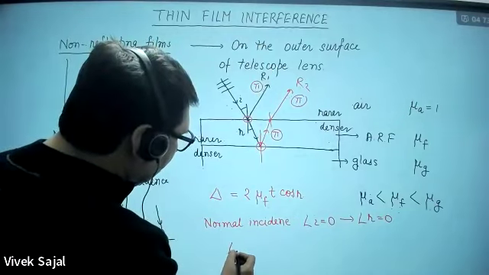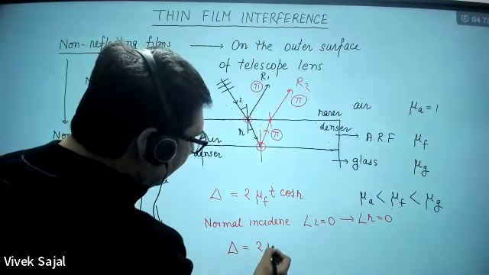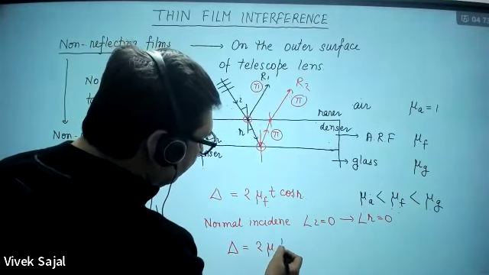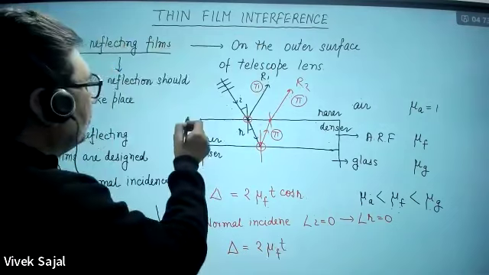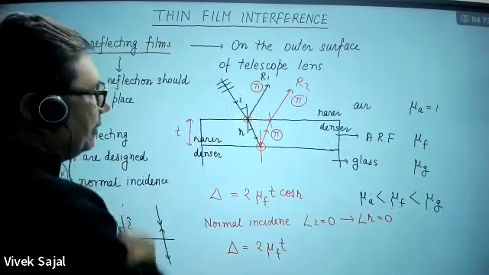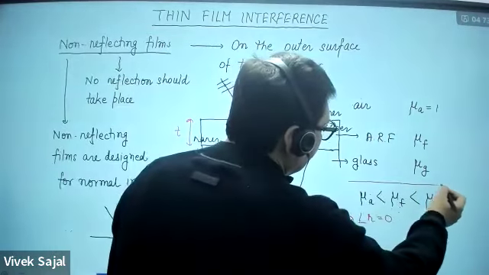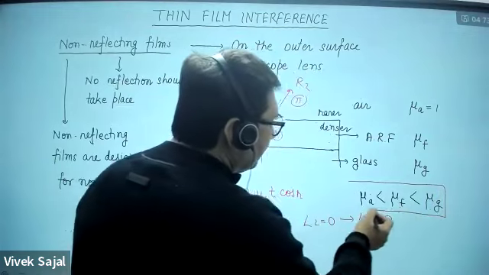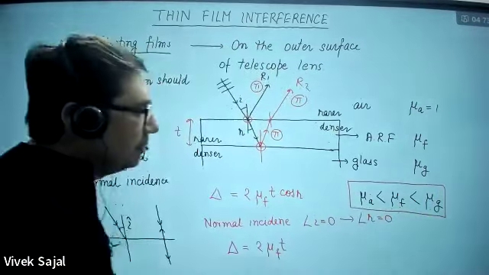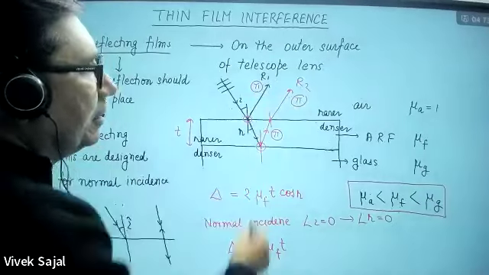So the path difference here will be 2 mu F into t. t is the thickness of the film, the anti-reflection film. So one very important aspect is that the refractive index should be in increasing order. Second, we have found the path difference between R1 and R2.